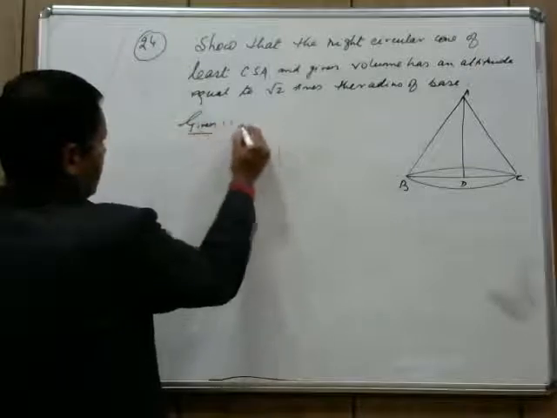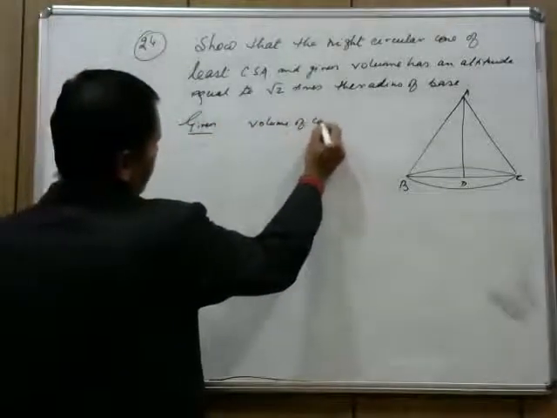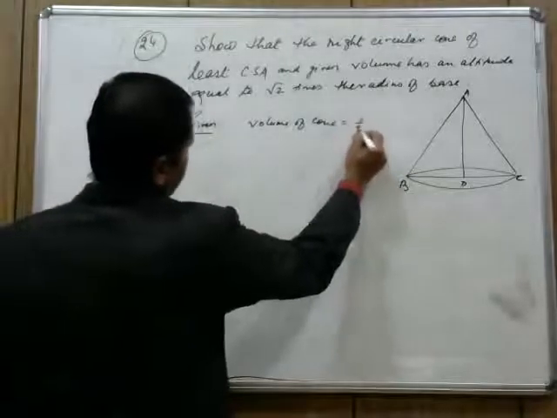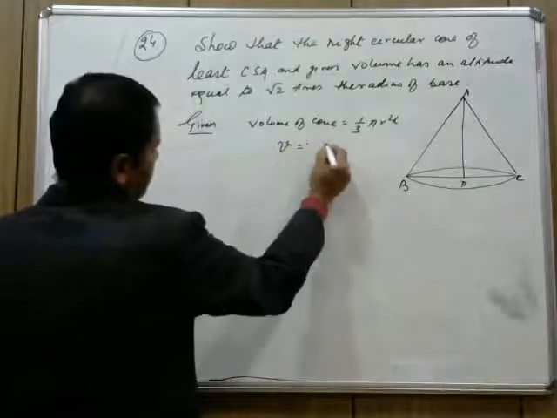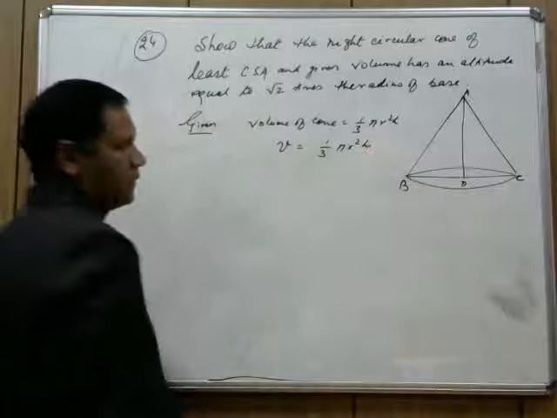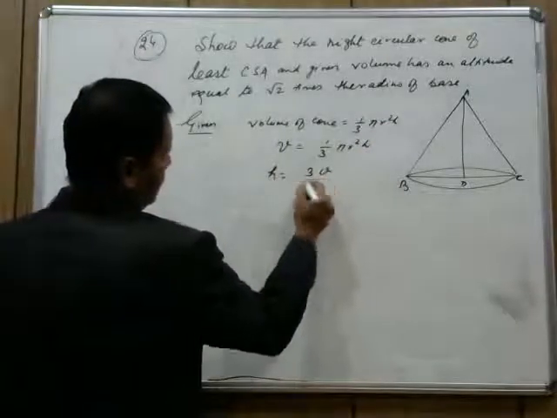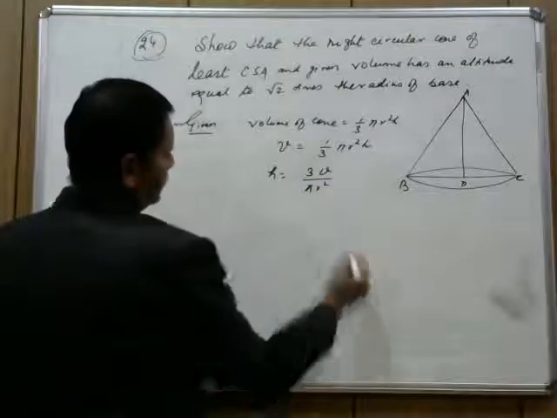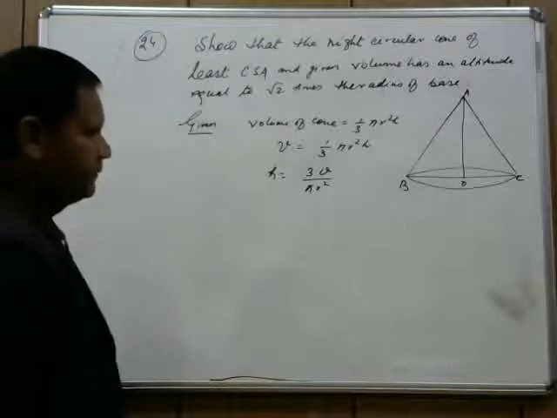Given the volume of cone is equal to 1 by 3 pi r square h. It means we can write V is equal to 1 by 3 pi r square h, isn't it? And therefore h is equal to 3V upon pi r square.